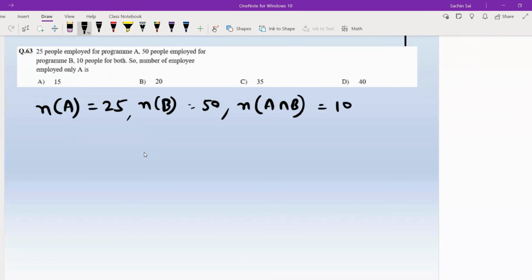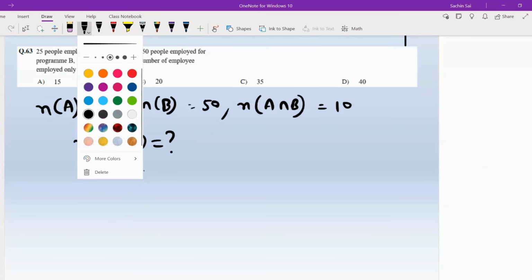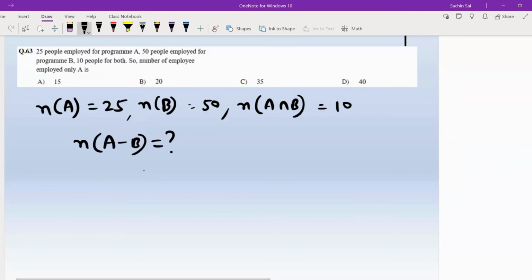Now number of people employed only in A. So this is nothing but n of A minus B, right? A minus B represents the set of all people who are employed only in A, but not in B, right? So we need to find A minus B. You can use the Venn diagram for this, or you can also use the properties of union and intersection.